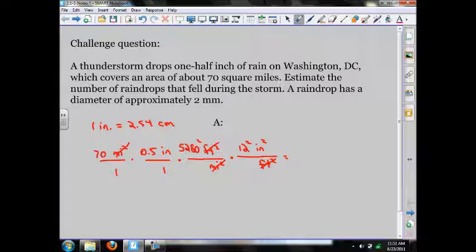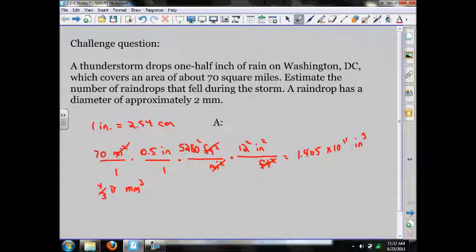A lot. 10 to the 11. I buy it. Cubic inches. Yeah. Then we need the volume of a raindrop. We have 4/3 times pi r cubed. The radius is 1. 1 cubed is still 1. That would be millimeters.